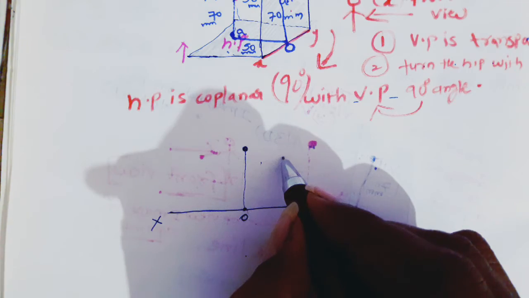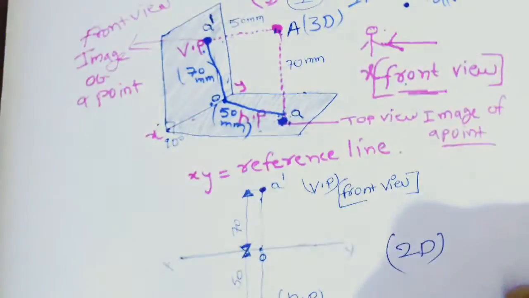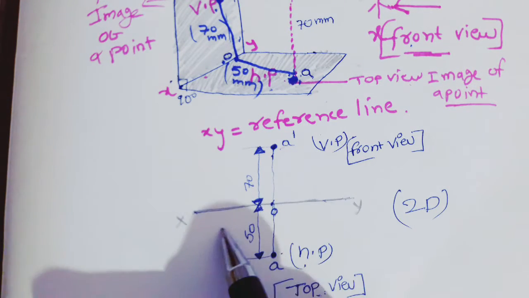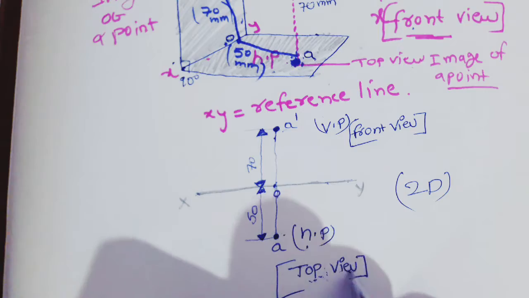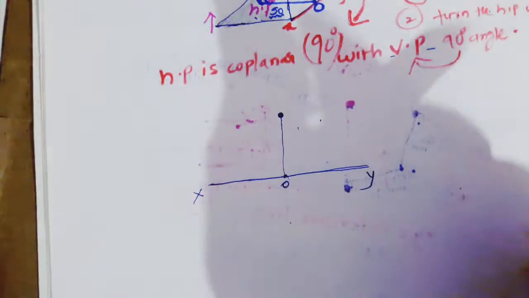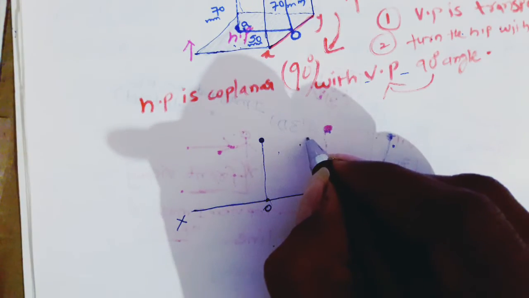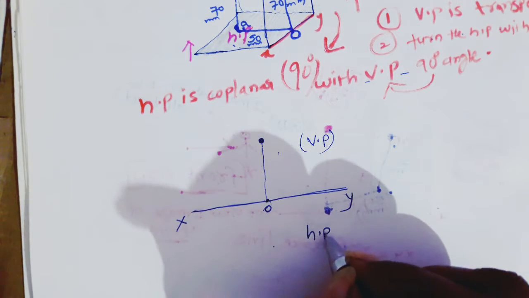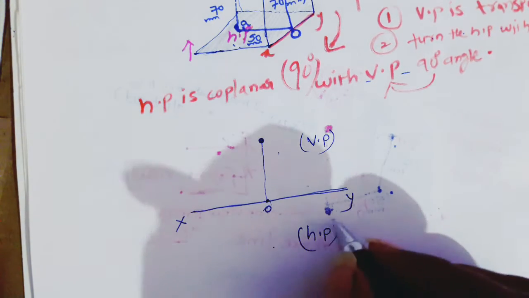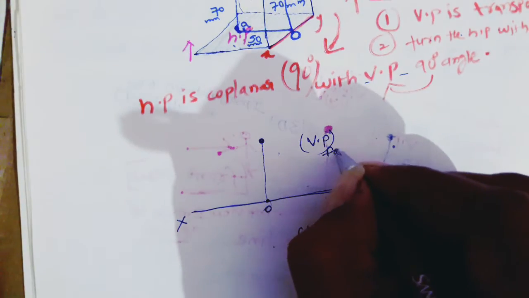What is XY? In the first one we already saw that above the XY reference line is the front view. Below the XY is called the top view. Same thing here. This is VP, this is HP, right? HP is nothing but the top view, this is the front view.